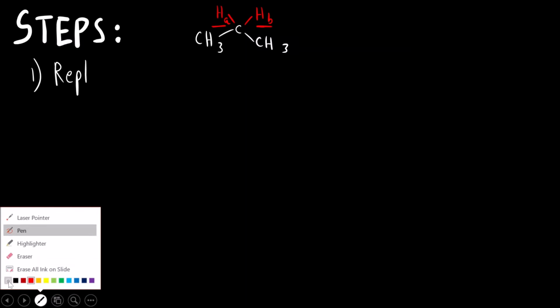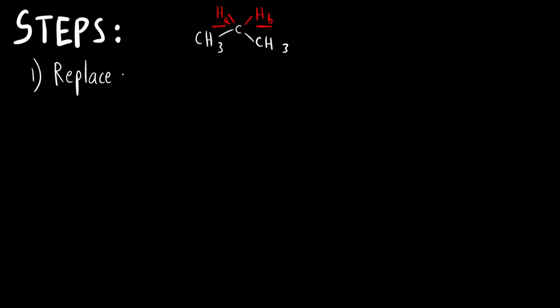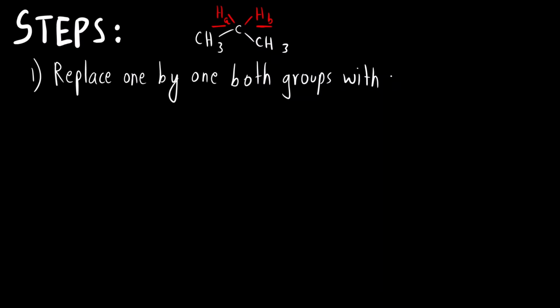What I'm going to do is replace one by one both the groups, whose stereochemical relation you want to find out, with some other atom.